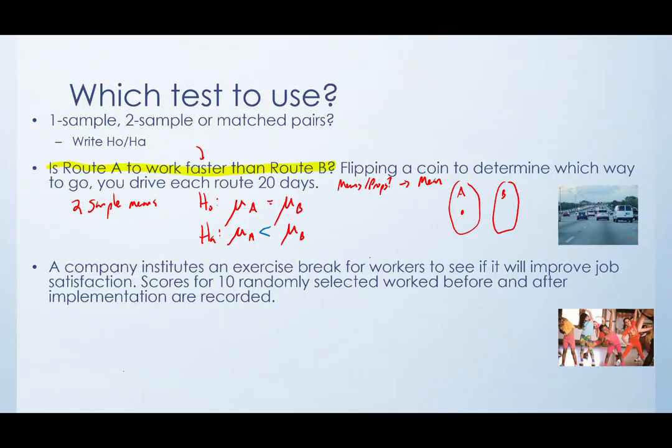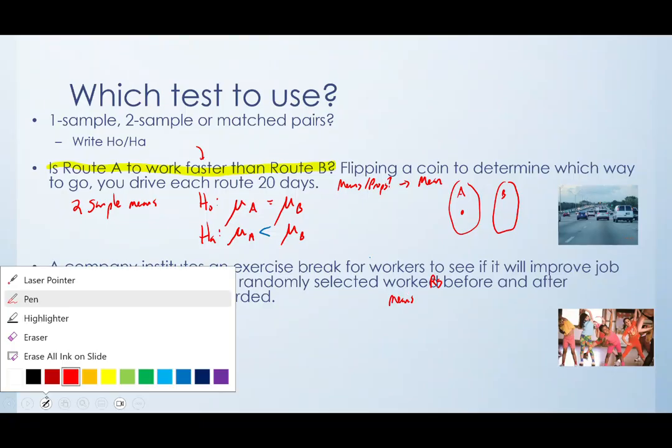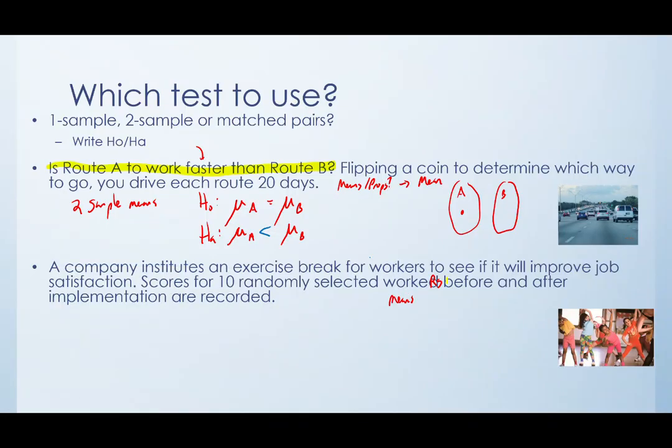So our next one: a company institutes an exercise break for workers to see if it will improve job satisfaction. Scores for 10 randomly selected workers before and after implementation are recorded. Okay, so we look at this, and we're talking about scores, which is probably a means problem. But we also see before and after.